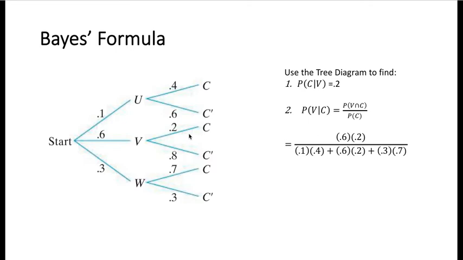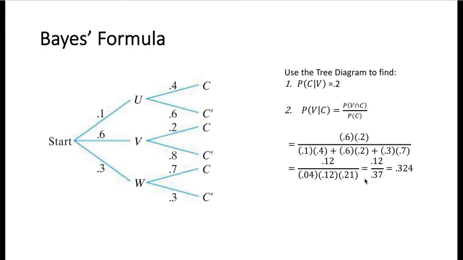The probability of C is the union of U and C, V and C, W and C. So that's 0.1 times 0.4, 0.6 times 0.2, 0.3 times 0.7, and we add all those together. So the probability comes out to be 0.324. I hope that helps.